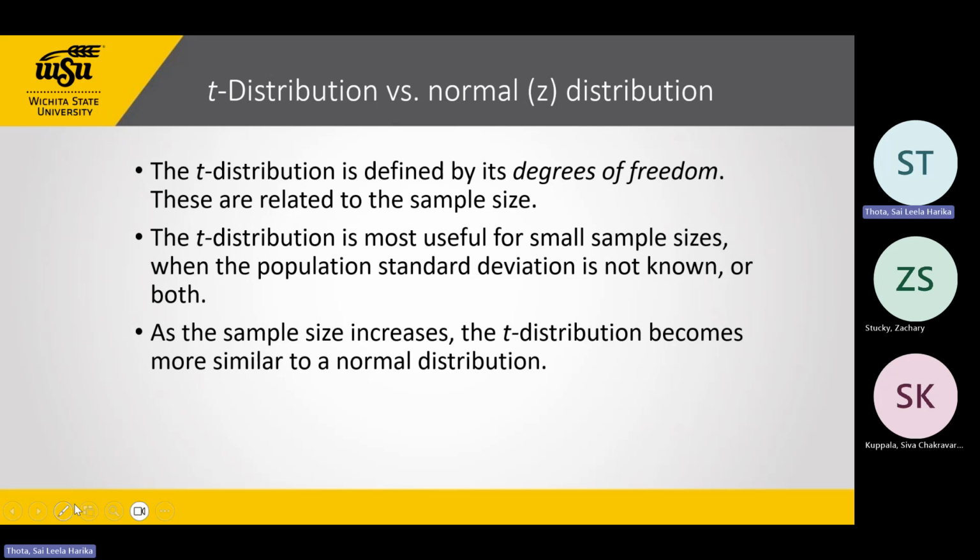So we are going to use the t-test when the sample size is small and when the population standard deviation is not known. Variance is nothing but the square of the standard deviation. So when you don't know the standard deviation of the population, you are going to use the t-test. And as the sample size increases, the t distribution becomes more similar to the normal. So then comes the z-test.